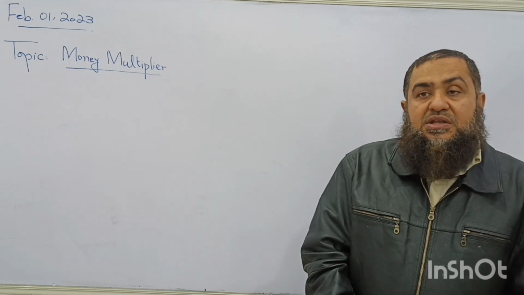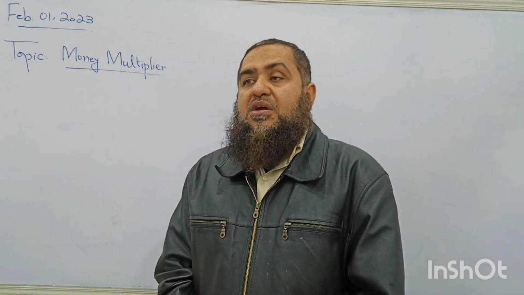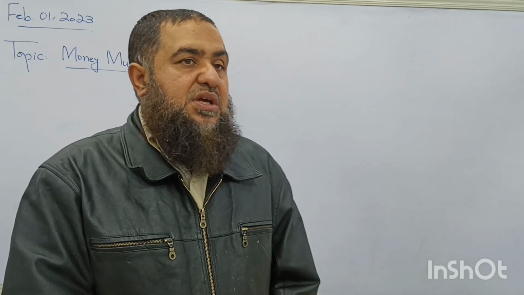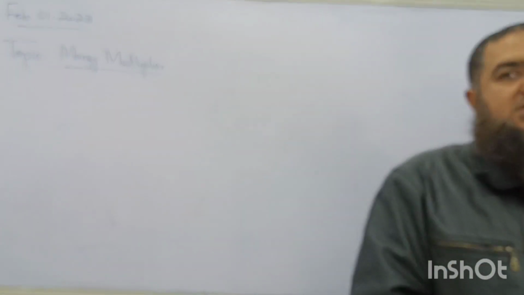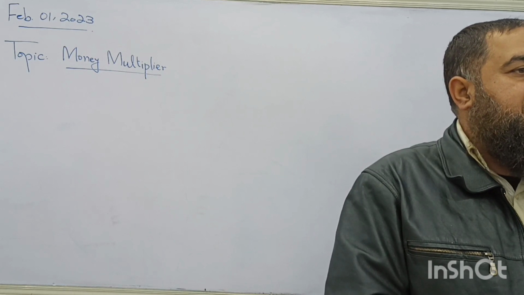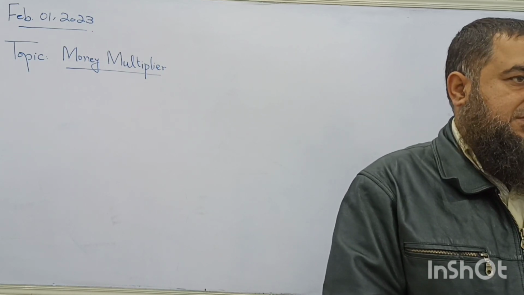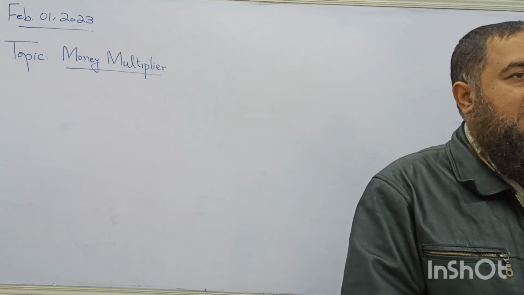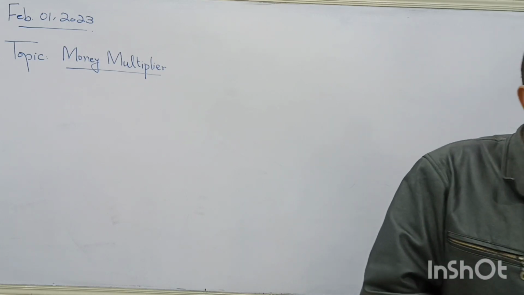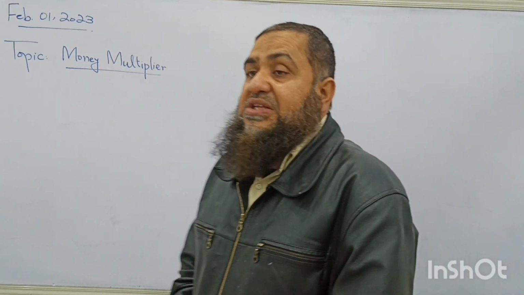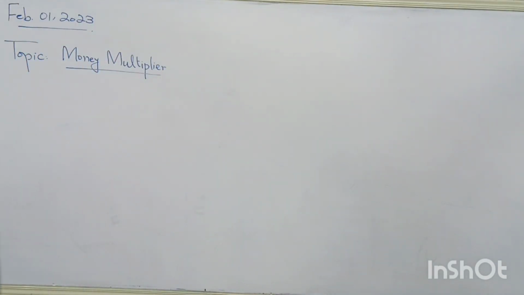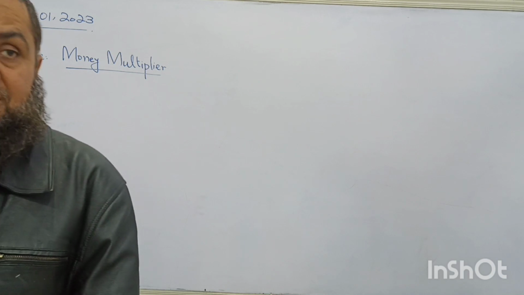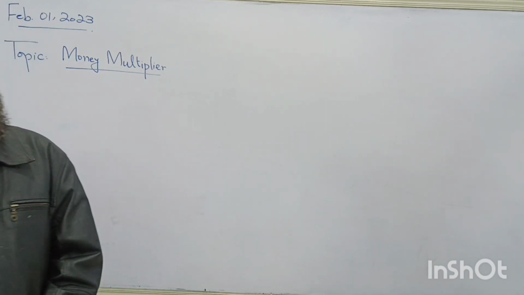Here, the money multiplier, or credit multiplier, means how many times the money supply will change due to a change in deposits with the bank. Whenever a bank receives a deposit, how many times is it going to change the money supply in the economy, how much loans can it extend or create. This is the main thing.